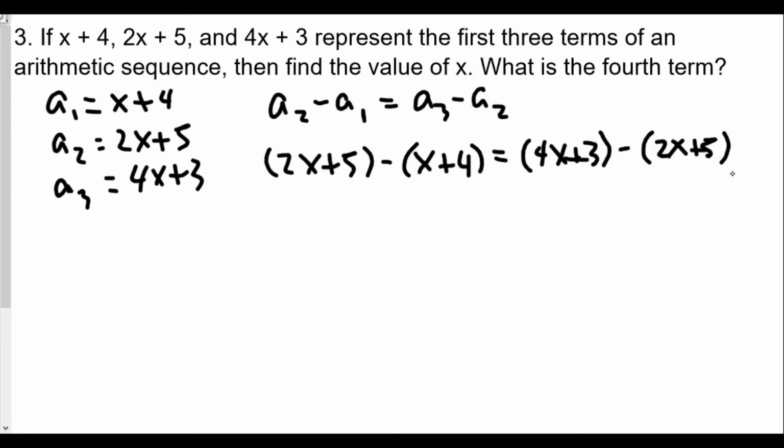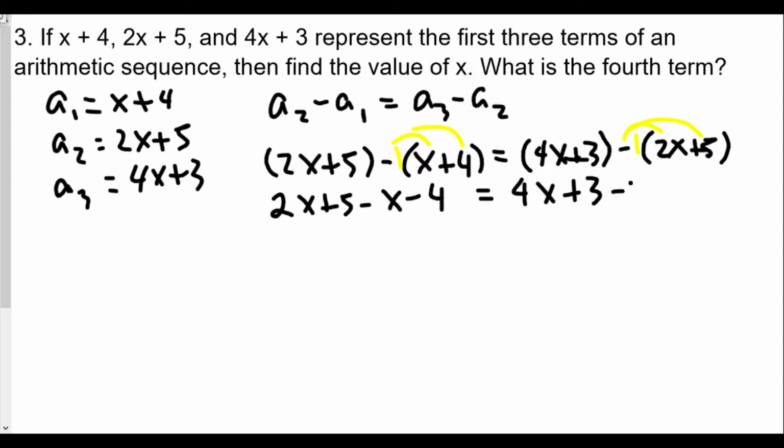Now, the nice thing is in this equation we only have one variable. We're going to be very careful with distributing the negative. So make sure we distribute the -1. We get 2x plus 5 minus x minus 4 equals, again distributing the negative for the second one, 4x plus 3 minus 2x minus 5.